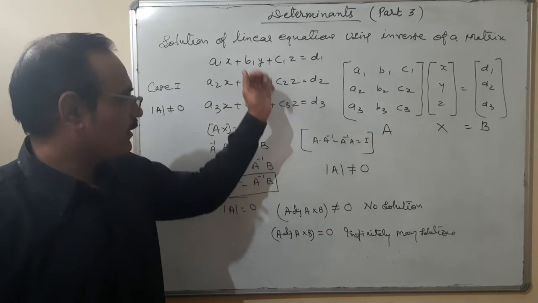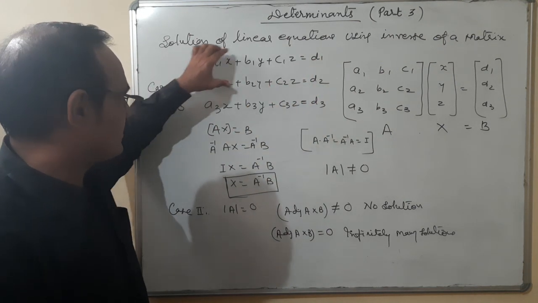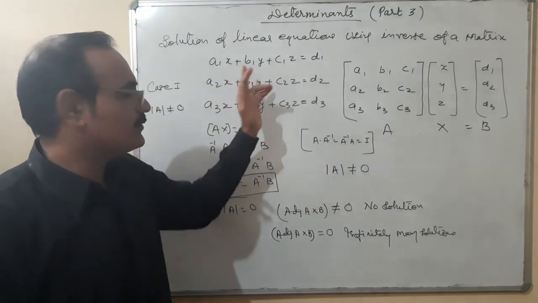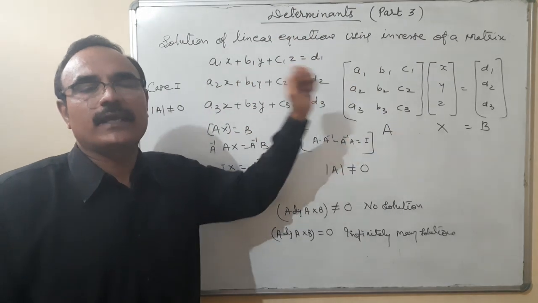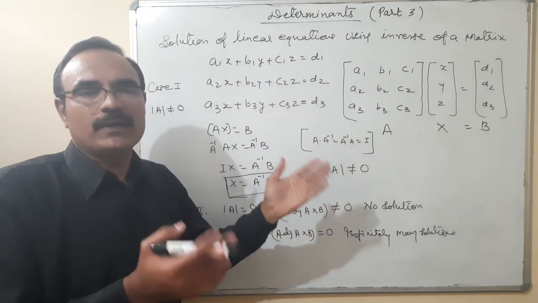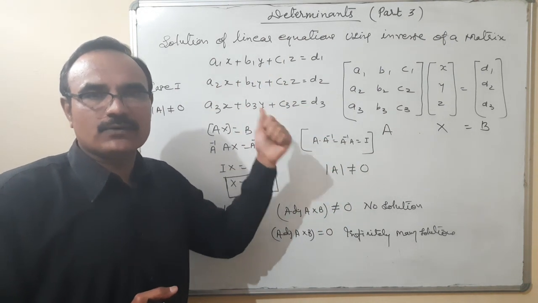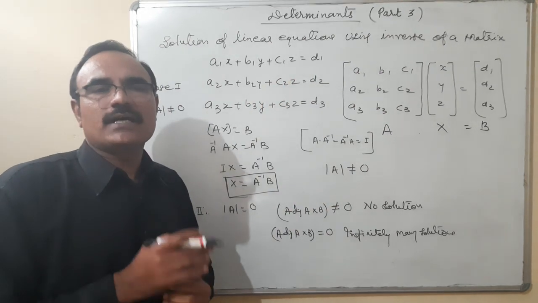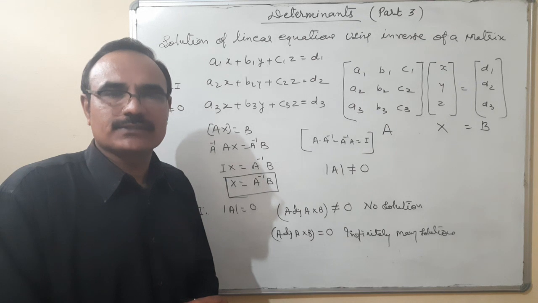We take any two equations like first and second, and find the values of x and y in terms of k. x is equal to some scalar multiplied by k, y is equal to some scalar multiplied by k, and z is itself k. So these are the values for infinitely many solutions.